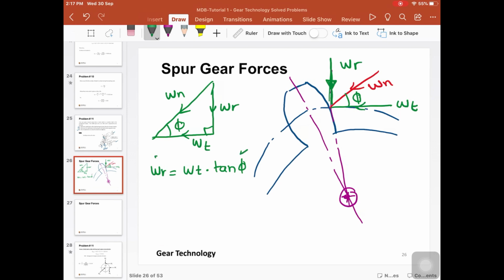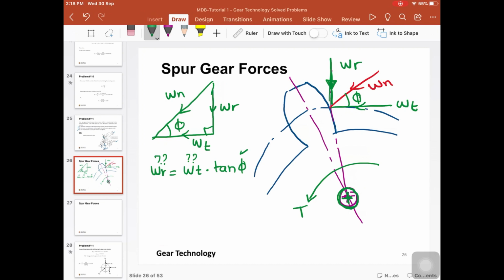But in order to find the radial force, we first want to find the tangential force. For the tangential force, if we consider that this is a driven gear or wheel, and it rotates in this direction, there is a torque going to the shaft of this gear. If this is the driver, this is going to be the input torque or the input power.